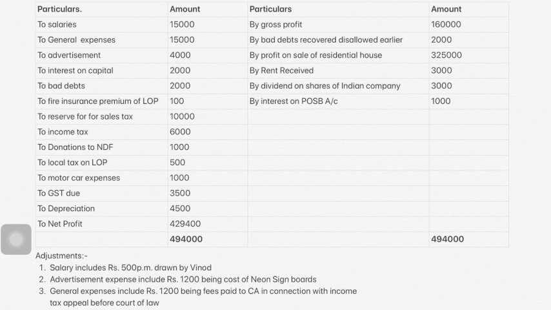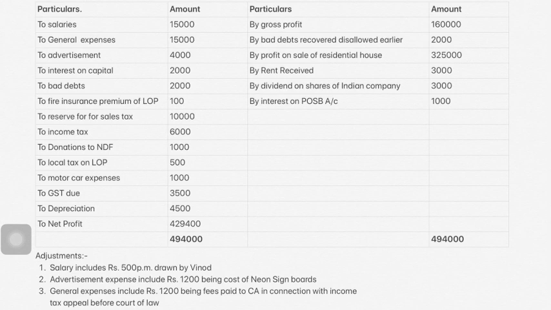Okay? To bad debts 2,000. Okay. To fire insurance premium of let out property. Okay. So this expense, fire insurance premium of let out property, is of a house property. This expense does not belong to business. So what you will do?